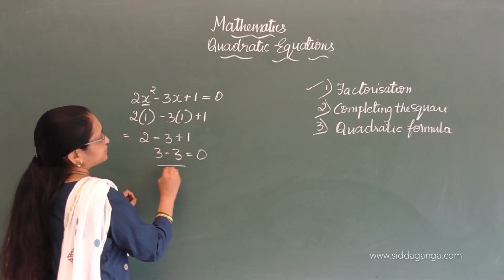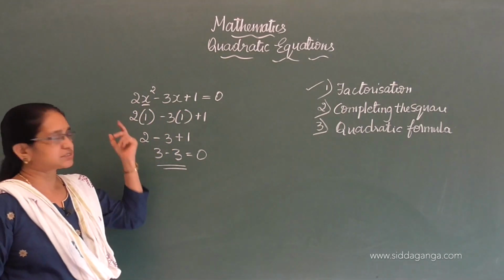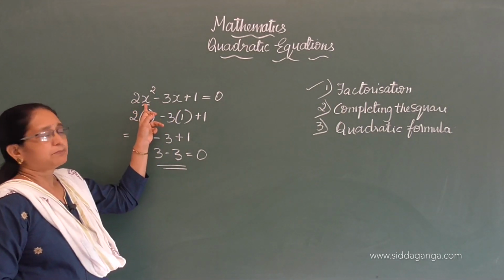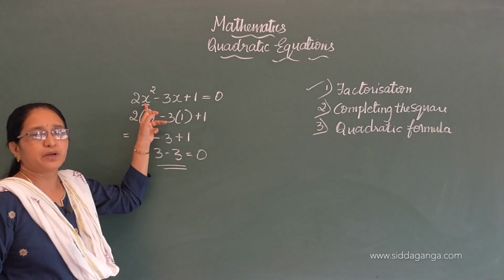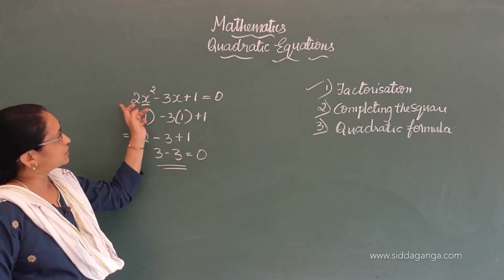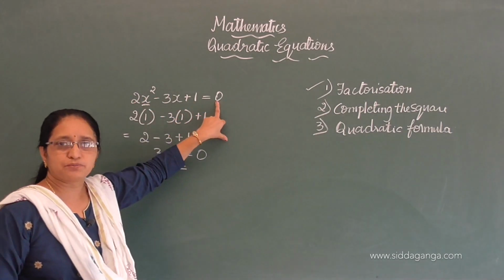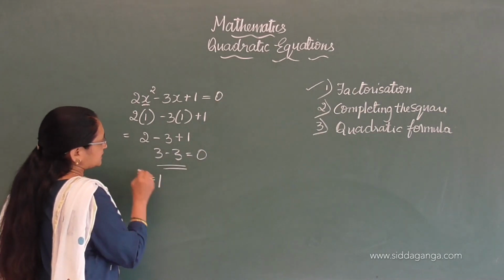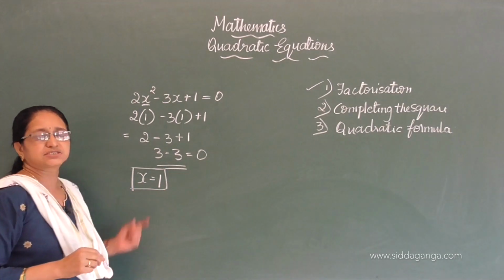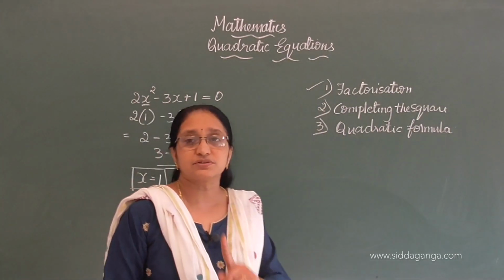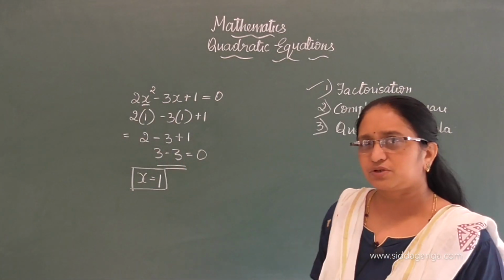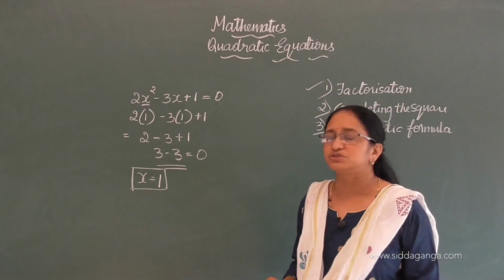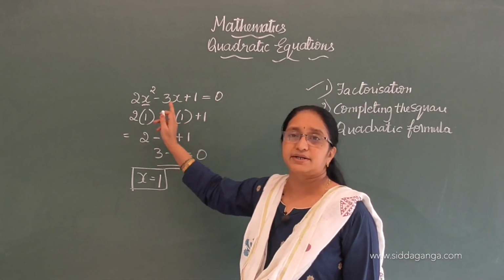It will satisfy this equation, means when we put x is equal to 1, this whole equation will become 0, means x is equal to 1 is the solution. x is equal to 1 is one of the solutions.